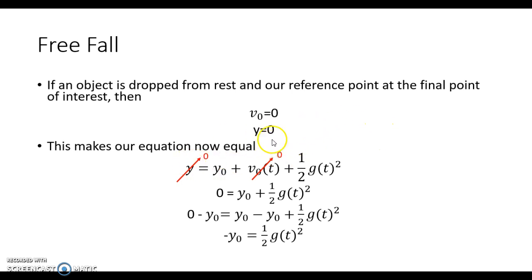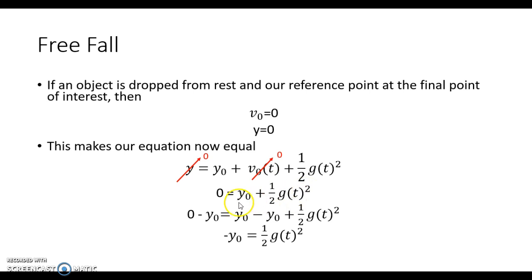However, what happens here is our final position of the ball, how far it's displaced at the end of the experiment, if we're considering the end of the experiment when the ball hits the ground, that final position is going to be equal to 0. So if that's the case, then this term goes to 0 and this term goes to 0, which leaves us with 0 minus y sub 0 plus 1/2 gt squared.